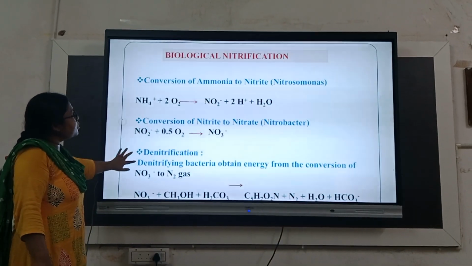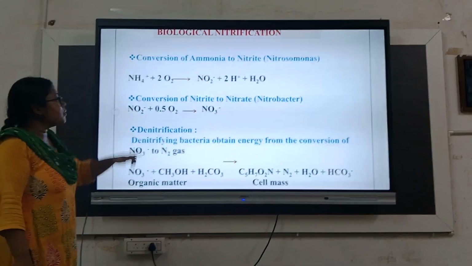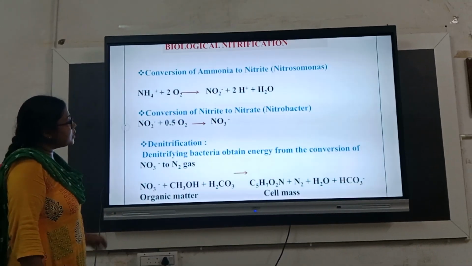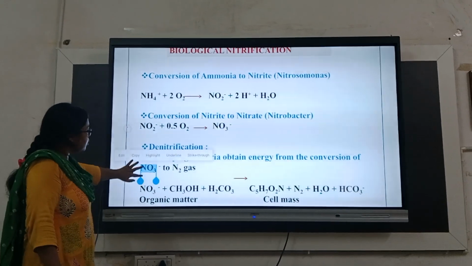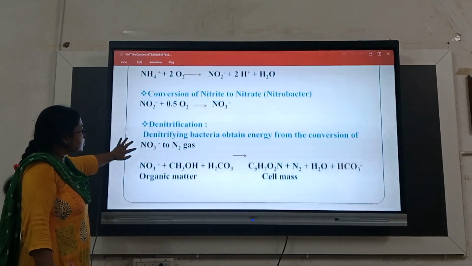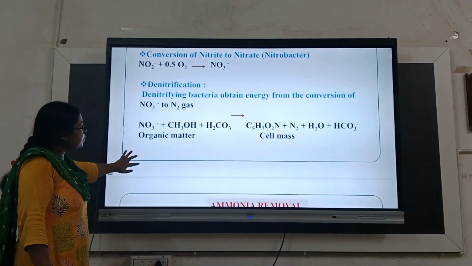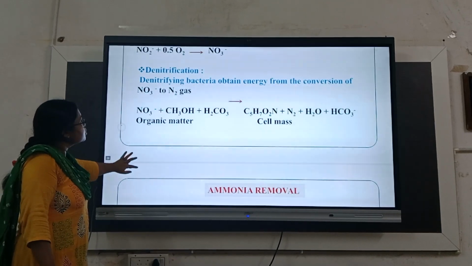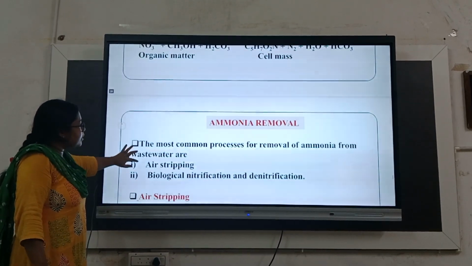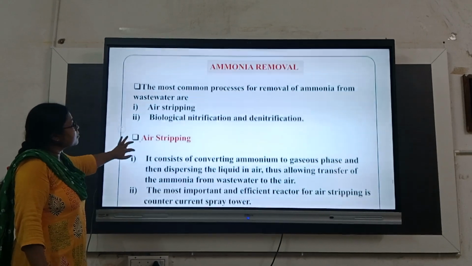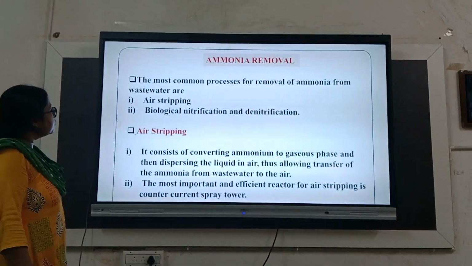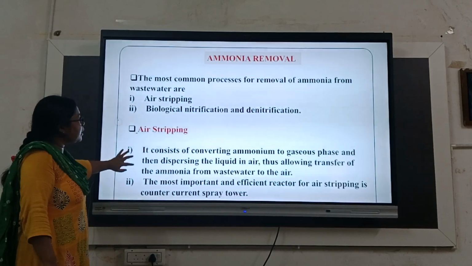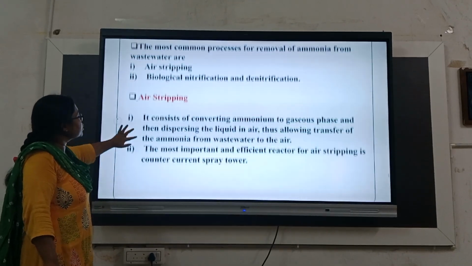Biological nitrification is done through the bacteria Nitrosomonas and Nitrobacter. Then denitrification is also done through another bacteria. Then ammonia is removed by air stripping and the biological nitrification and denitrification process.